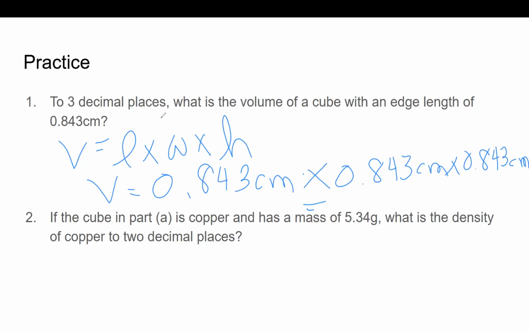So that's going to equal, let's put it in our calculator, 0.843 times 0.843 times 0.843. This gives us 0.599 cubic centimeters.